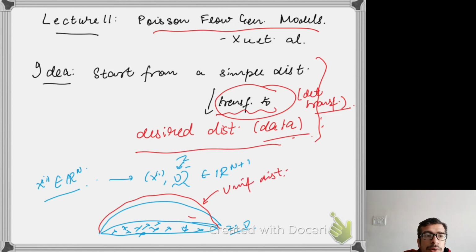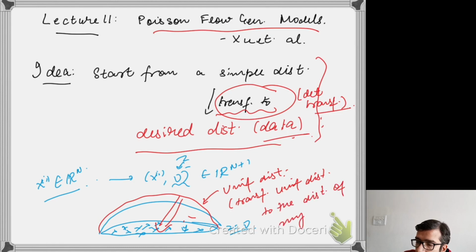And now what I try to do is transform this uniform distribution to the distribution of my data points. This sort of transformation is what we will achieve via our Poisson flow generative models.